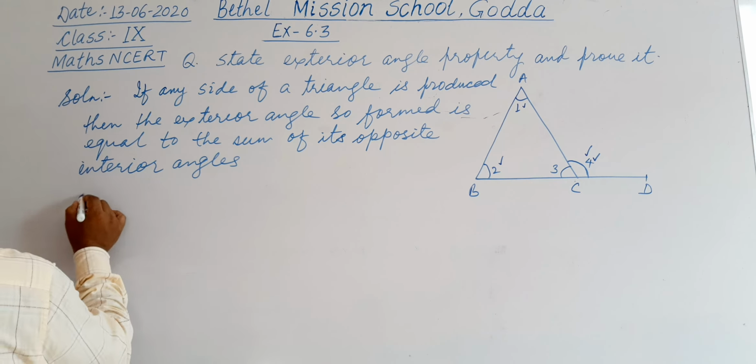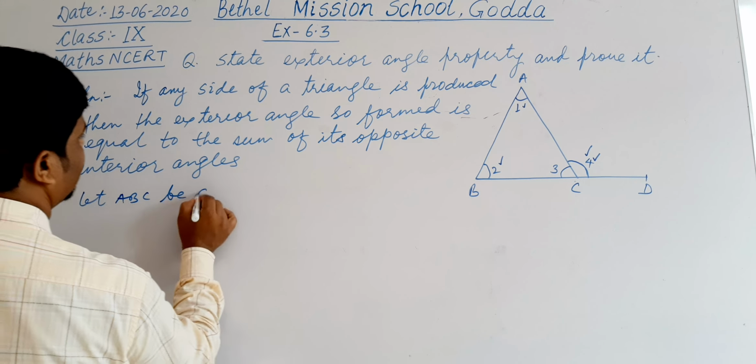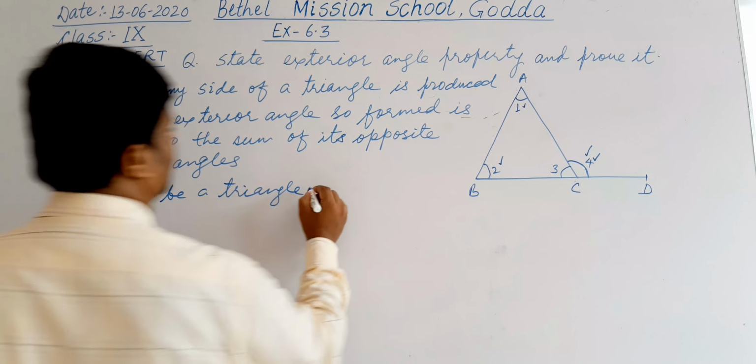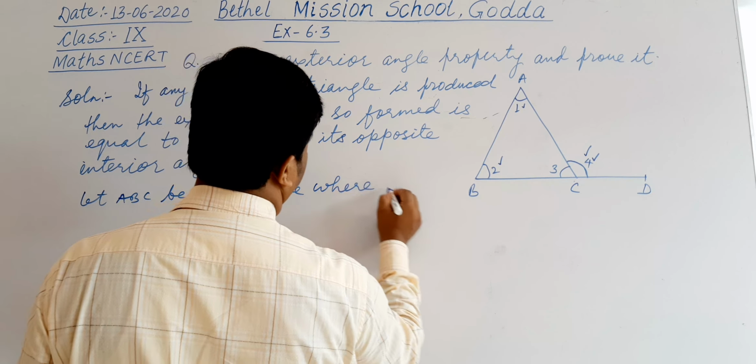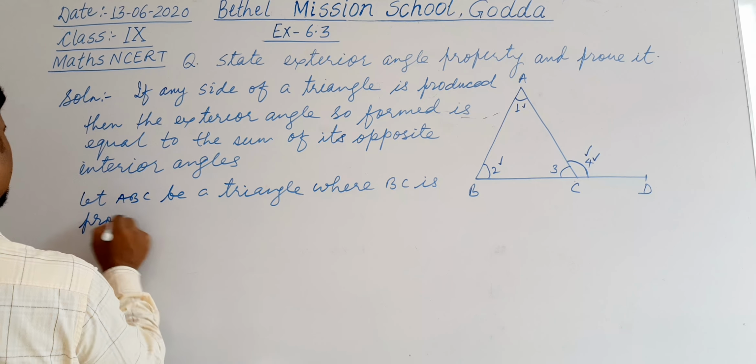Okay, let ABC be a triangle where BC is produced.